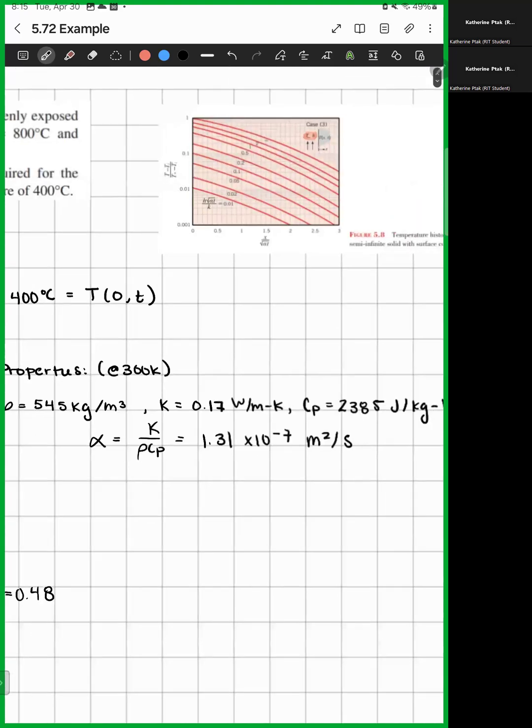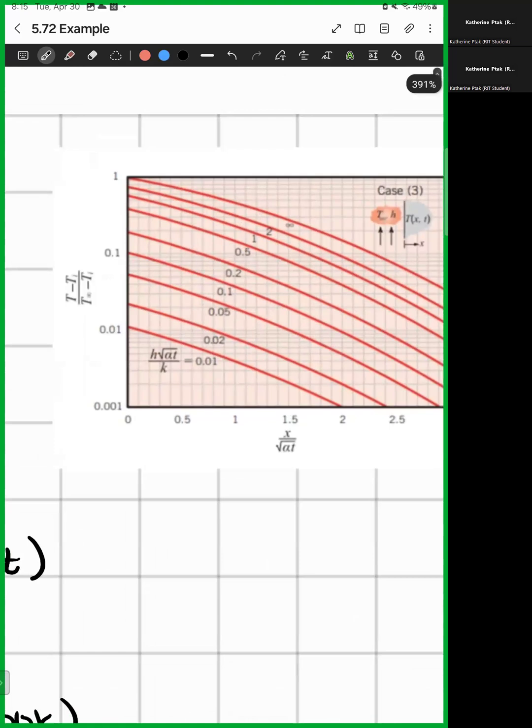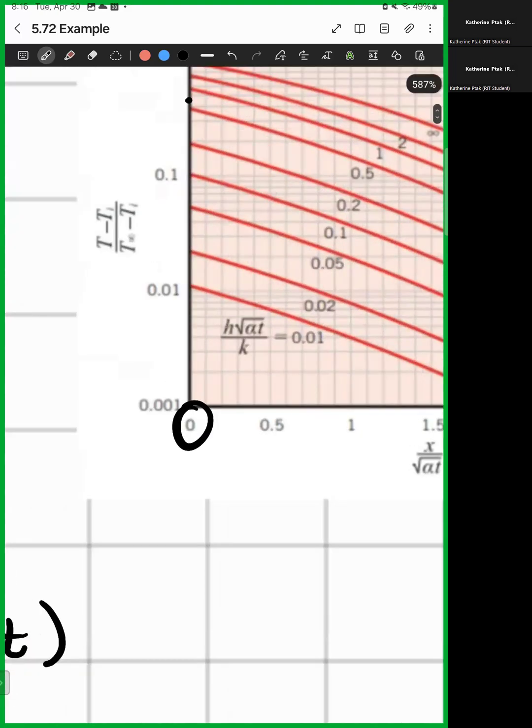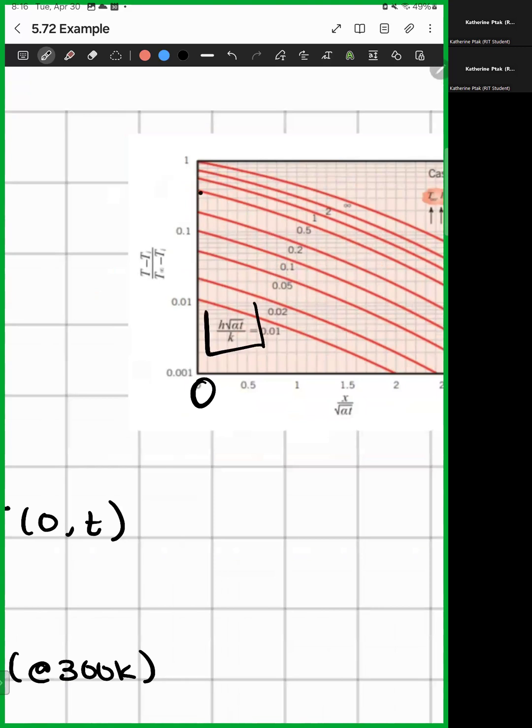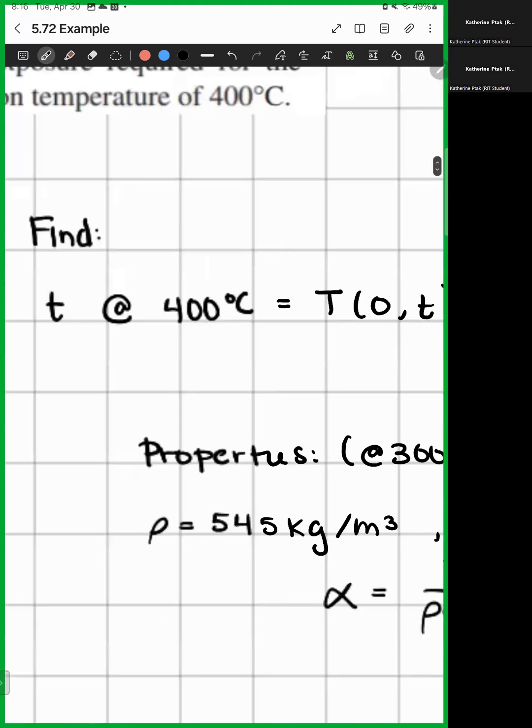So if we go back to this chart, we'll be at 0, and then if you go up to 0.48, you'll find that we are around 0.75, somewhere around here. Then we'll be able to use this equation here and back solve for t.